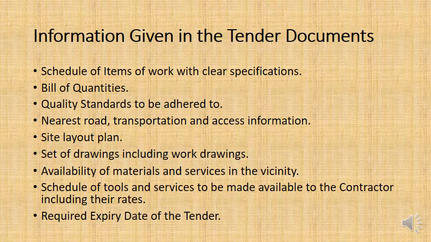The buyer can't come back in 15, 20 years' time and say, hey, you know that work you bid for in Mosul back in 2020? Well, I've decided I want to do that project now and you're going to be the contractor. Well, that's just not fair because prices have changed, the cost of labour would have changed, the cost of material would have changed. So there's got to be a required expiry date for the tender as well.